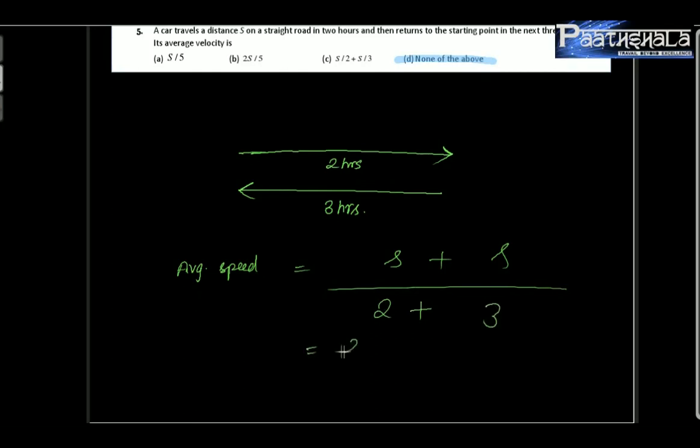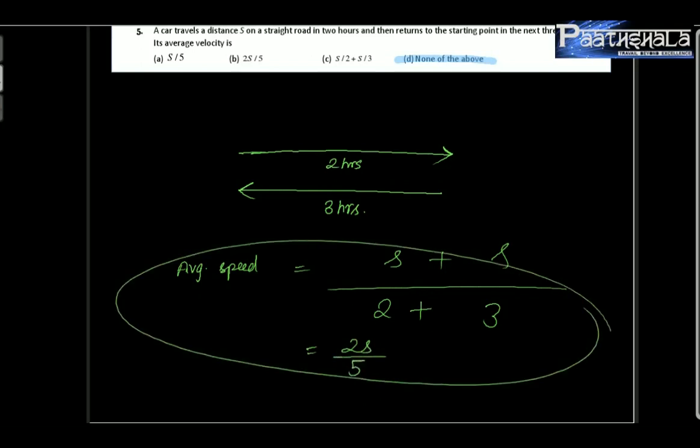So 2s by 5. This is average speed. But here they have asked average velocity, so the answer is 0, because the object returns to its original position. By the way, all these objects we are taking as point particles right now. That's understood.